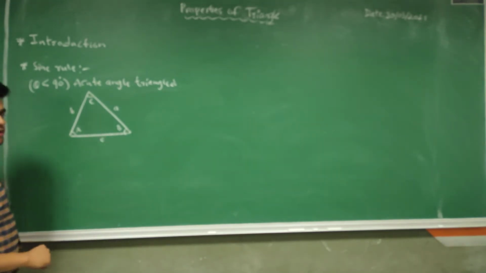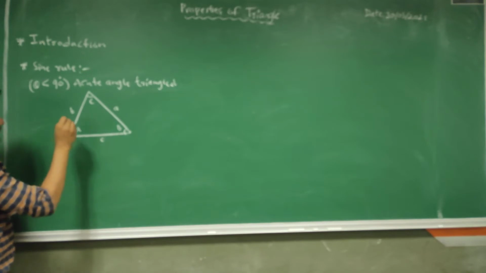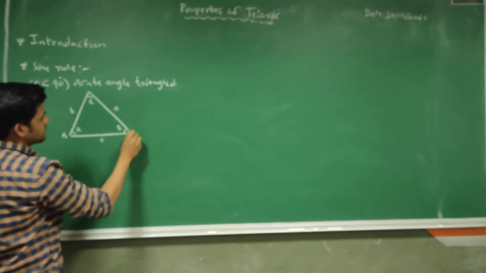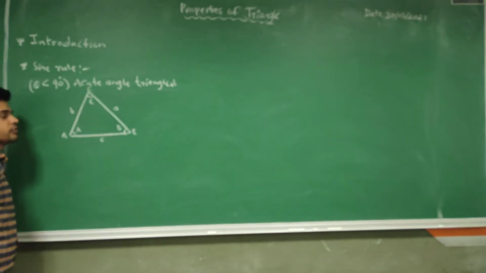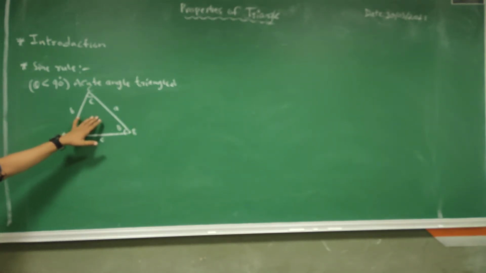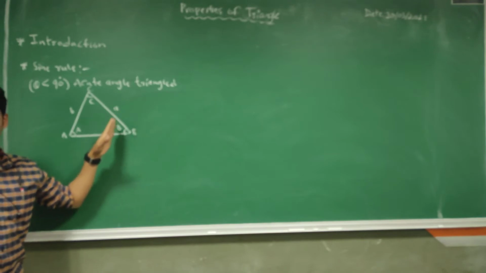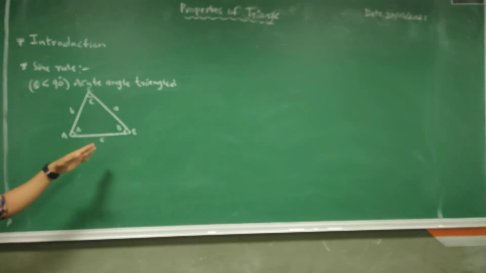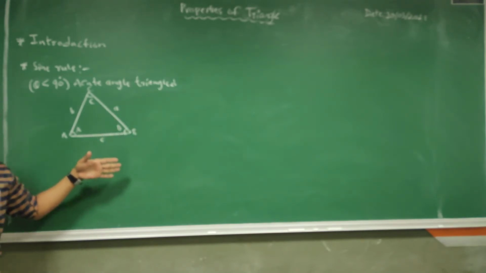And if I am taking vertices, I can take capital A, capital B, capital C for understanding. Okay, so here this is the acute angle, and I am going to apply the sine rule over here, and I will get an equation of sine rule.